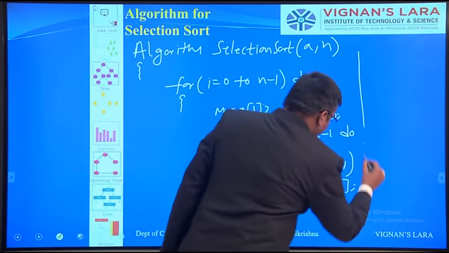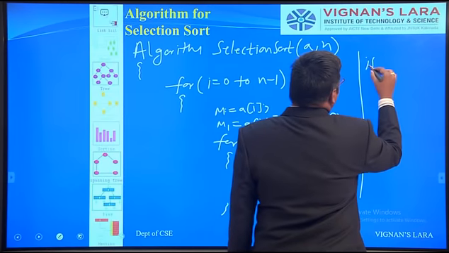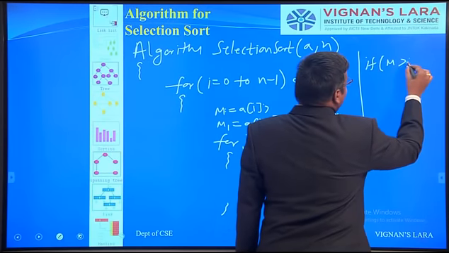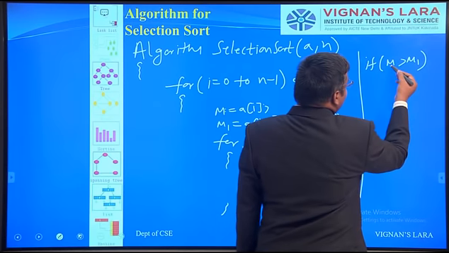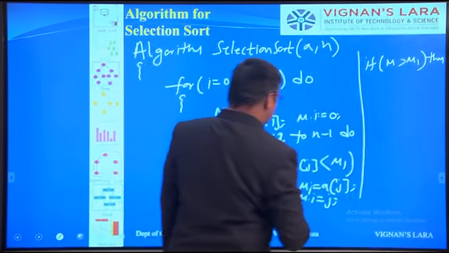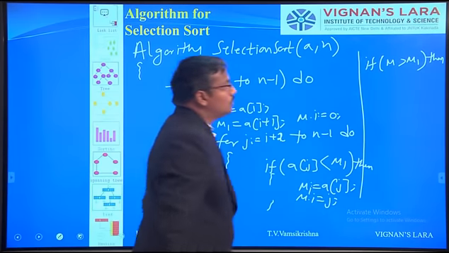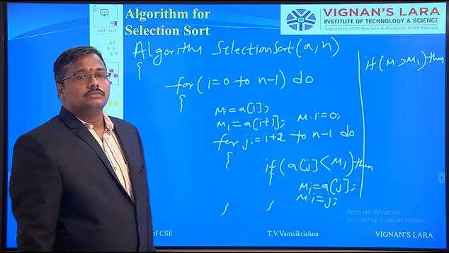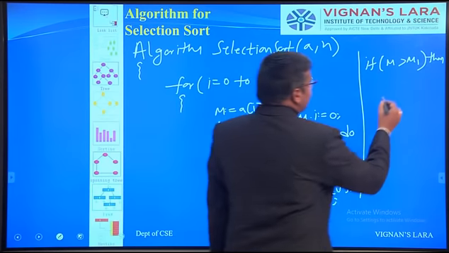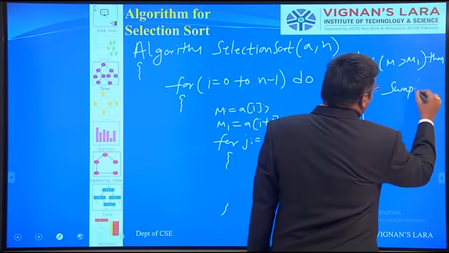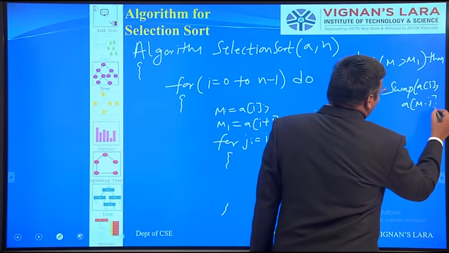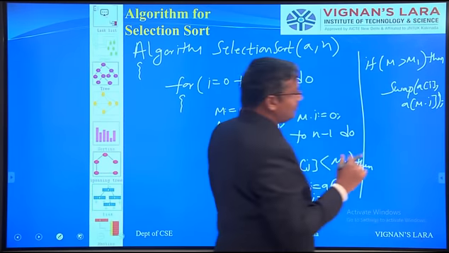Based on these two, at the end of the for loop we check if M is greater than M1, meaning M is maximum compared to M1. At that time we need to swap two elements: swap of A of I and A of Mi.